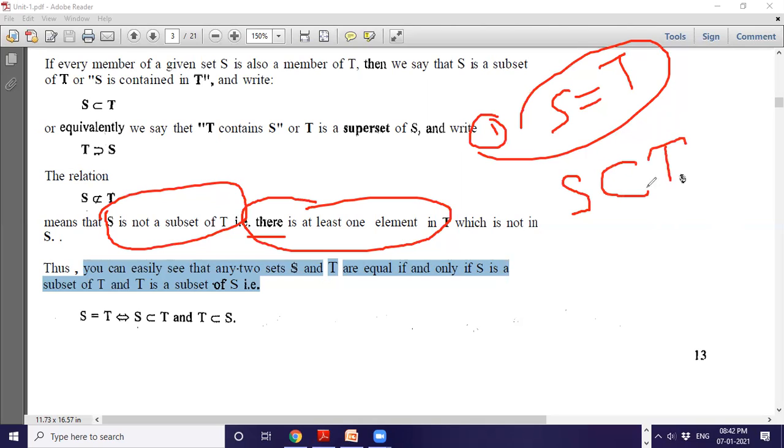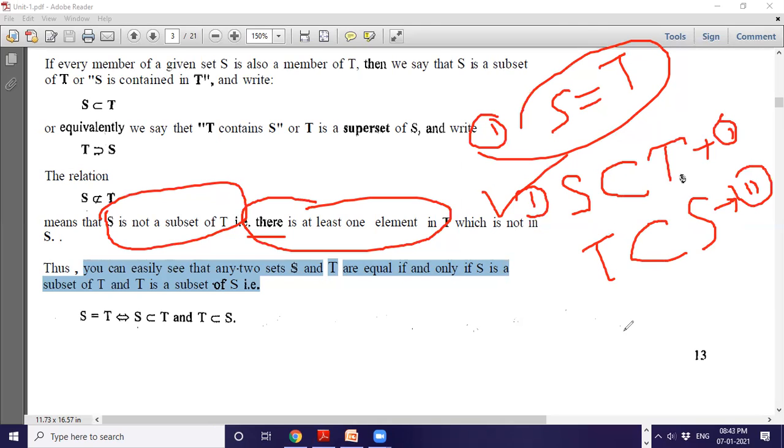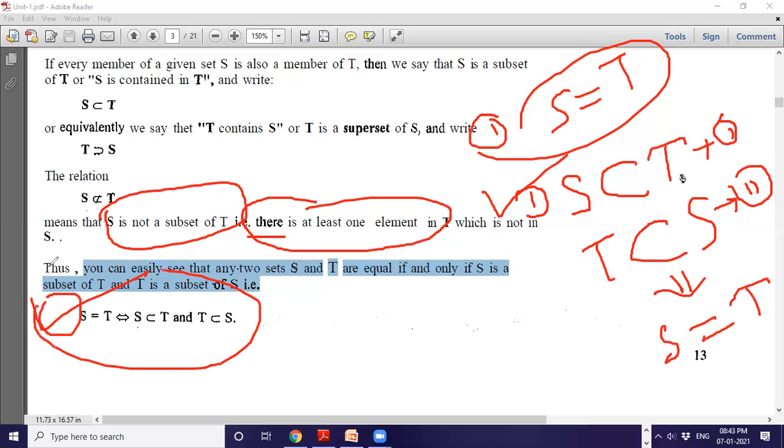How you can write like that? Write that thing, S is a subset of T, and also every element of T also belongs to S, so we can write T is a subset of S. So when both these two occur simultaneously, then this will imply what? S is equal to T. I hope this point is clear. Okay, that's what this is. Right, like this.